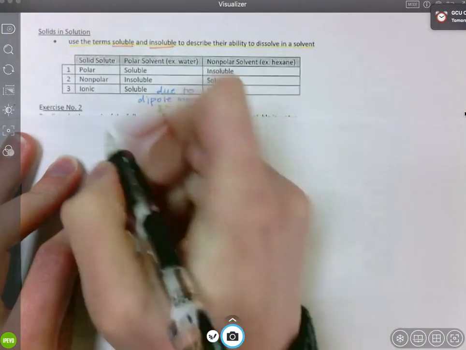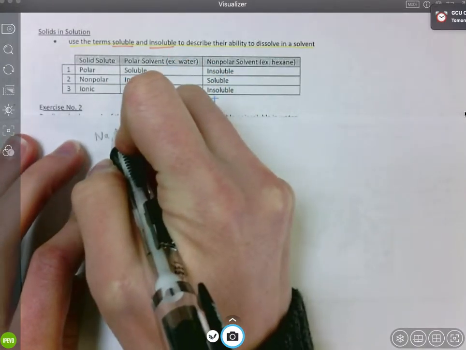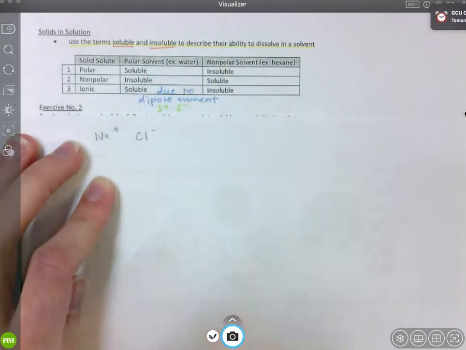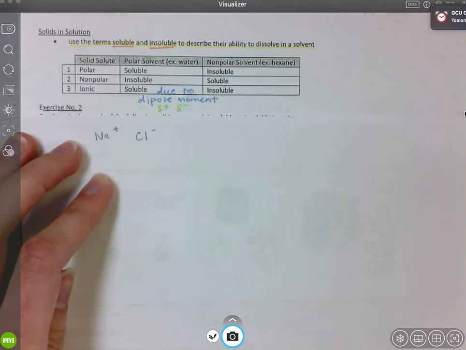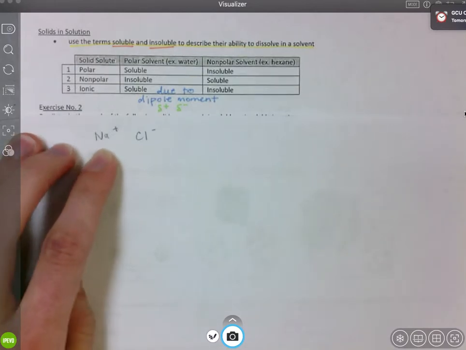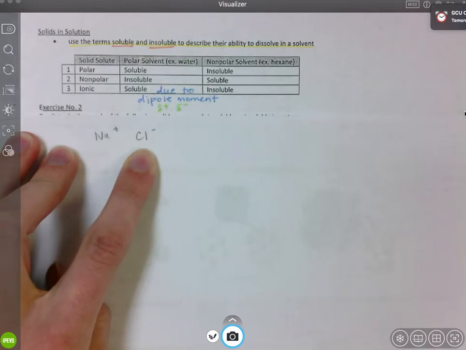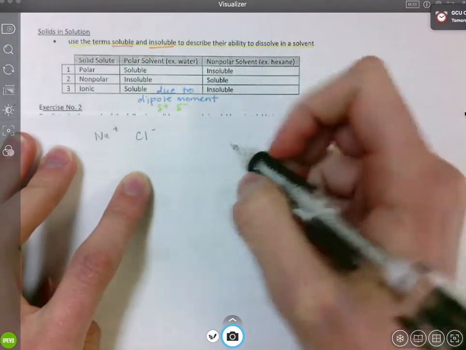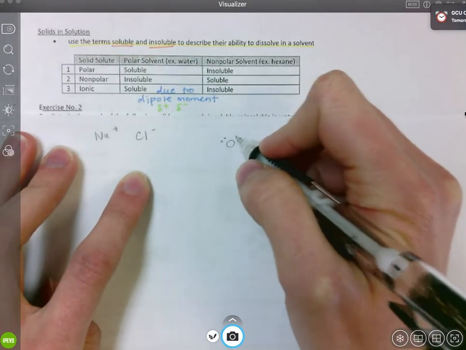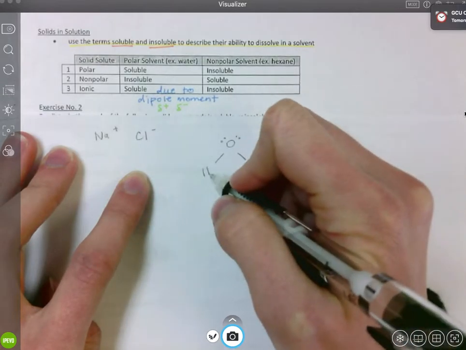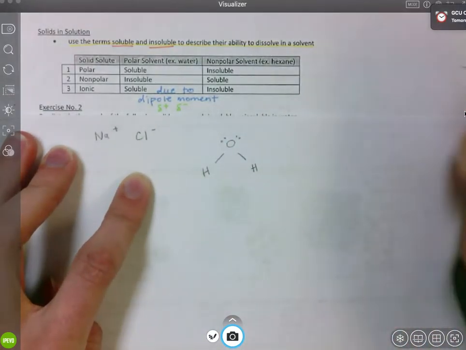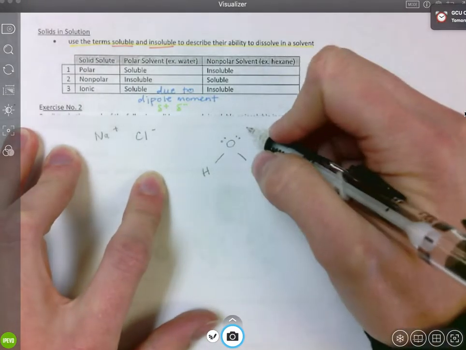So for example, sodium chloride. It's going to separate into positive cation sodium and anion chloride. Those positive and negative charges are going to be attracted to the dipole moments in our water molecules. So oxygen is more electronegative than hydrogen is.